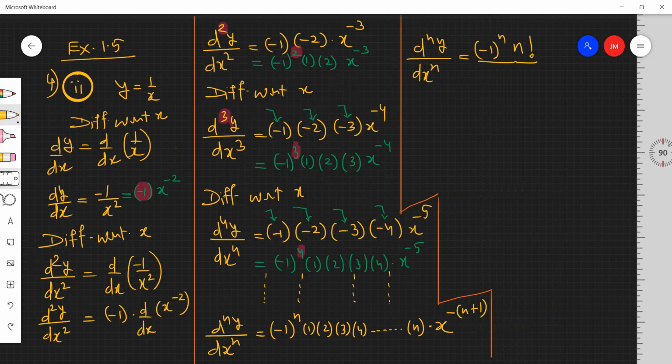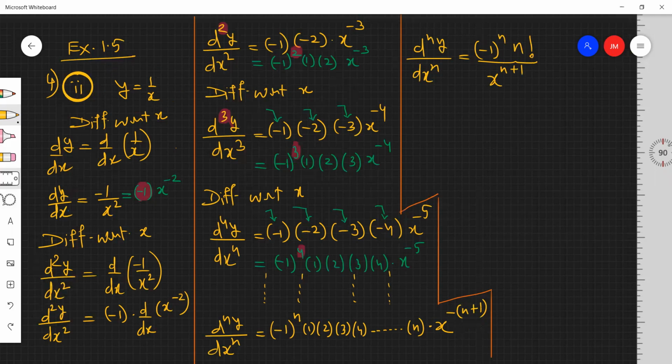You can check very well, it is n factorial from here to here. Divided by x raised to n plus 1. This is the answer. So using this, we got the nth order derivative of y equals 1 upon x.